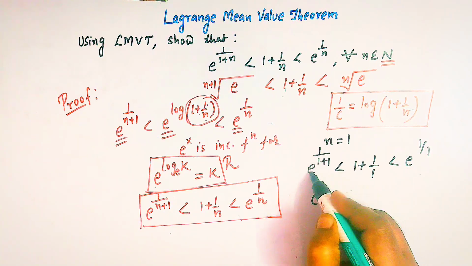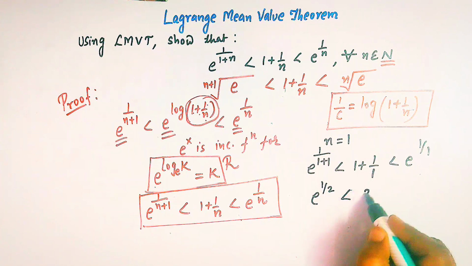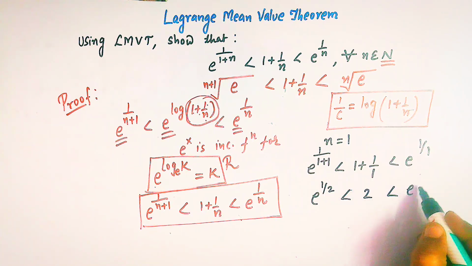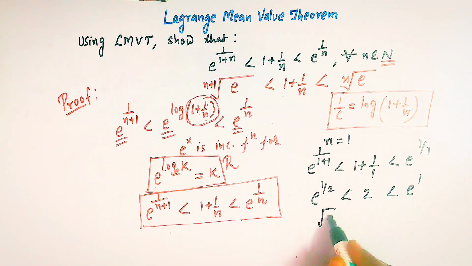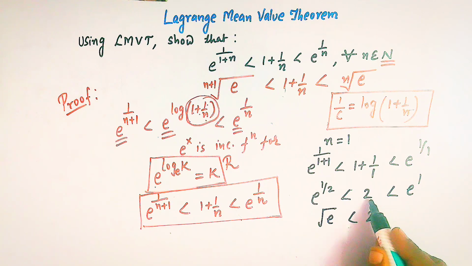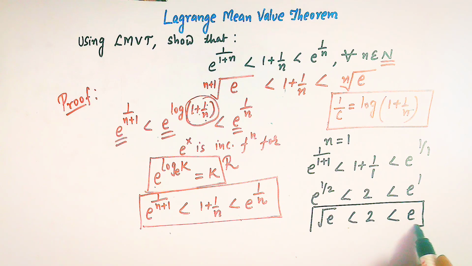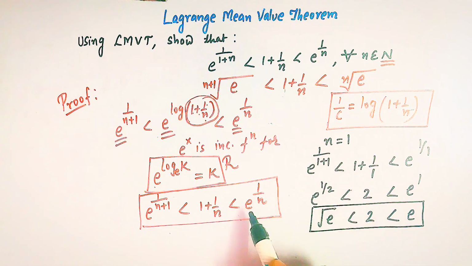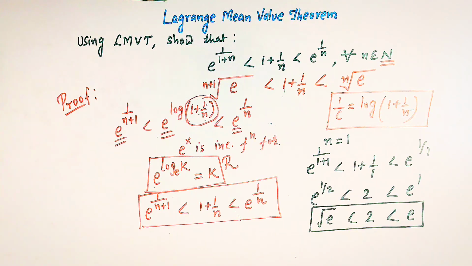So this is e raised to 1 over 2, this is 1 plus 1, which is 2, and this is e raised to 1, right? So e raised to 1 over 2 can be written as square root of e, and this is 2 and this is e, right? So by taking n is equal to 1, we can establish that the square root of e is less than 2, and 2 is further less than e.